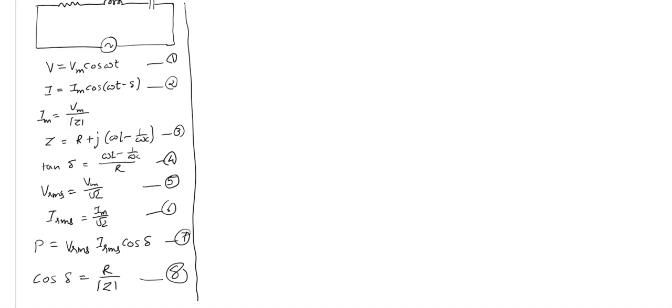Now we know that in this circuit the current IRMS actually depends on all the four parameters. IRMS can be written as Vrms by mod Z. And what is mod Z? Mod Z is under root of R square plus (omega L minus 1 by omega C) whole square.